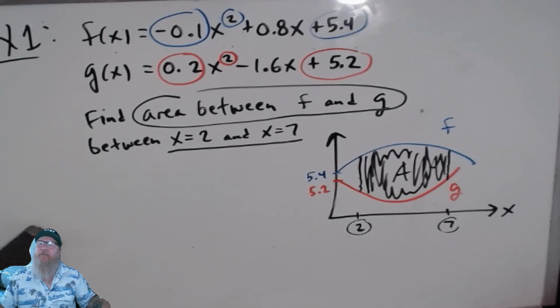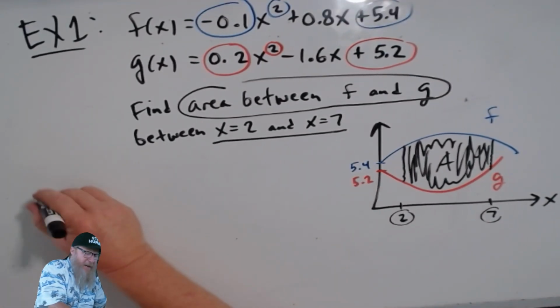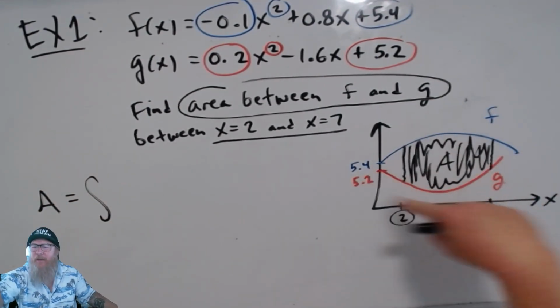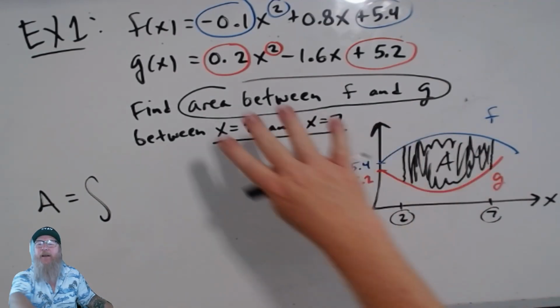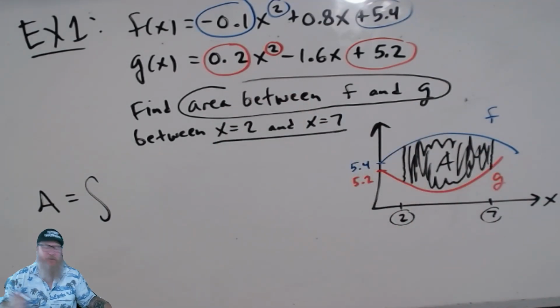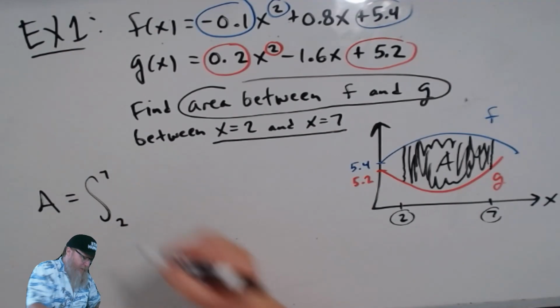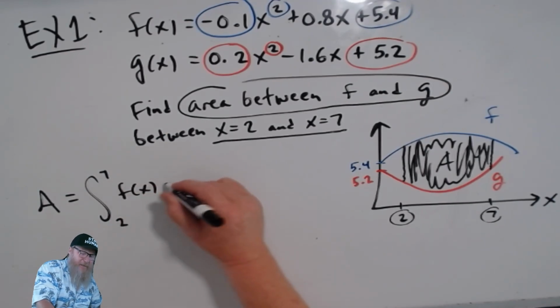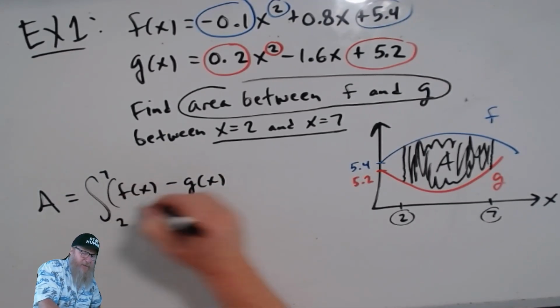And since I already gave you the formula, it's pretty straightforward. The area is going to be the integral. Clearly, f is above g the whole time. That's another thing that should be set straight before you get going. From 2 to 7 of f of x minus g of x dx.